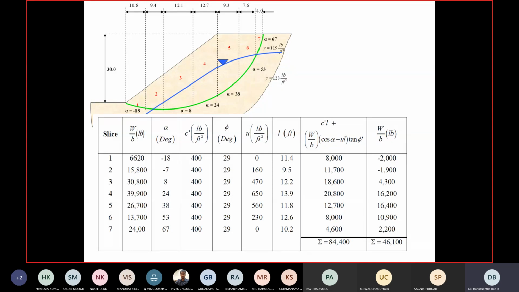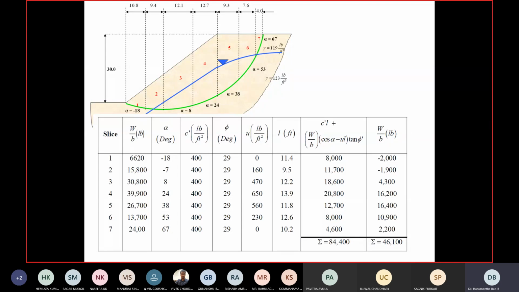So now you might be understanding how the computational facility helps us find the most critical slip surface quite easily in a fraction of seconds, or rather a fraction of minutes, or rather a fraction of hours. That's it. And it can calculate even the most complex geometry.